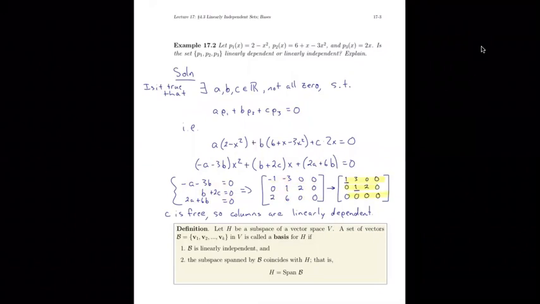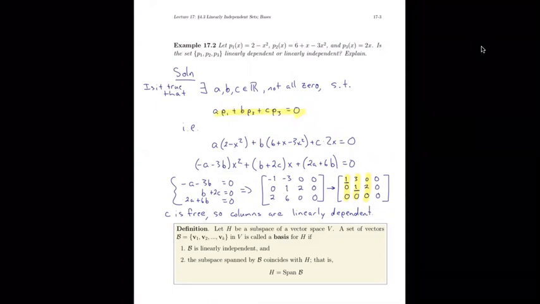And then I scan through this, and I'm interested to see whether or not I'm not so much going to scan the rows as much as I'll scan the columns. This one has a pivot position. This one has a pivot position. This one does not. So the unknown weight C here is a free variable, which means we have infinitely many solutions to this equation right here.